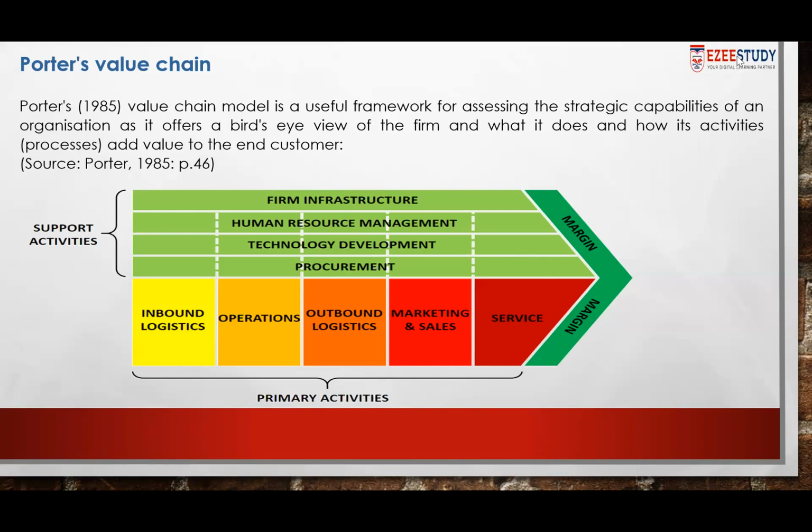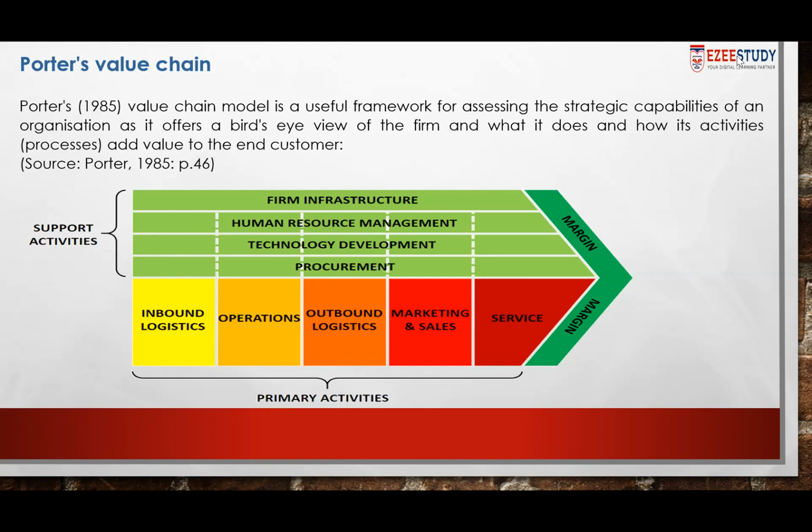A company performs different activities, and the result of these activities is a product or service that we buy. Porter value chain is basically the analysis of those activities, the chronological order of those activities, the result of which is actually a product or a service.